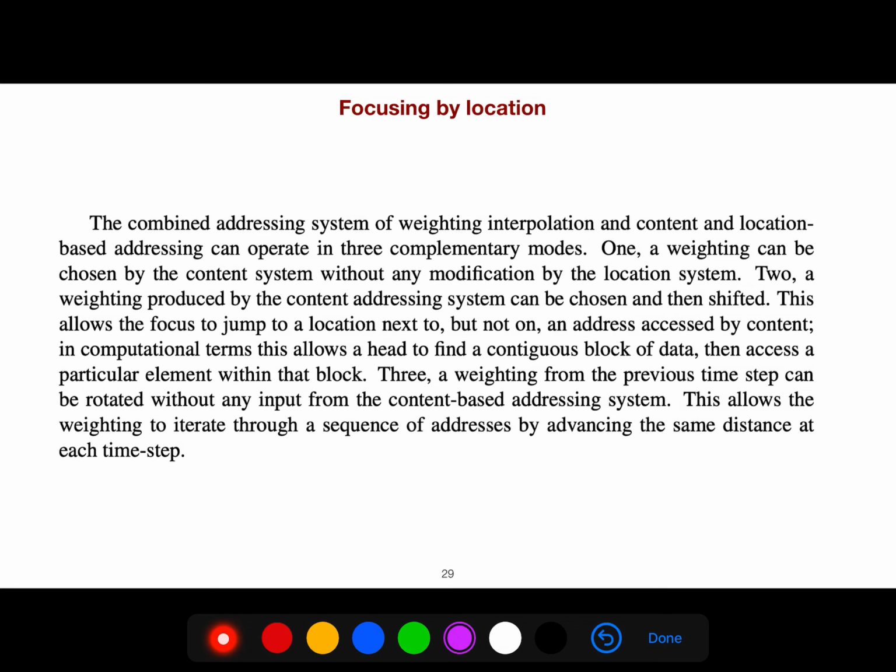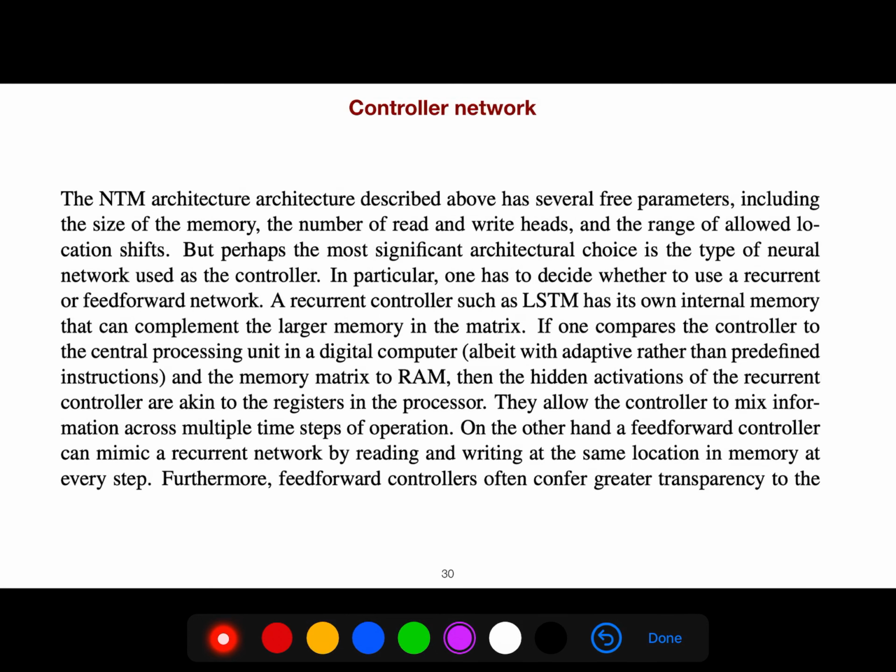A weighting can be chosen by content system without any modification by the location system. 2. A weighting produced by the content addressing system can be chosen and then shifted. This allows the focus to jump to a location next to, but not on, an address accessed by the content.